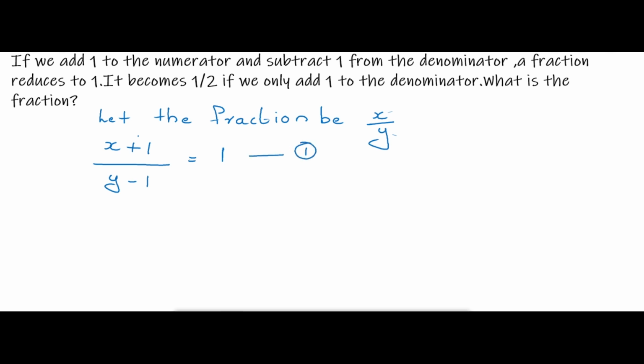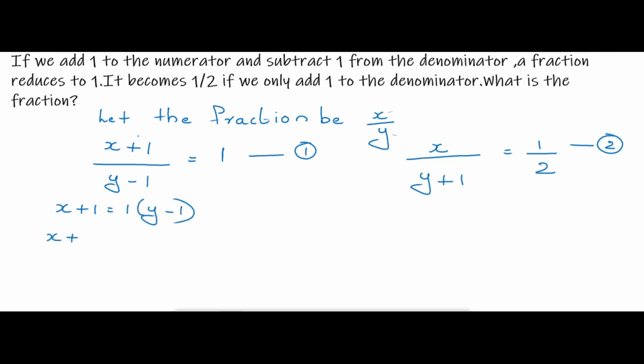Then, what about another equation? It becomes half if we only add 1 to the denominator. So, x will be as such, y becomes y plus 1, fraction becomes half. Name it as equation number 2. So, you can take here x plus 1 equal to 1 into y minus 1.